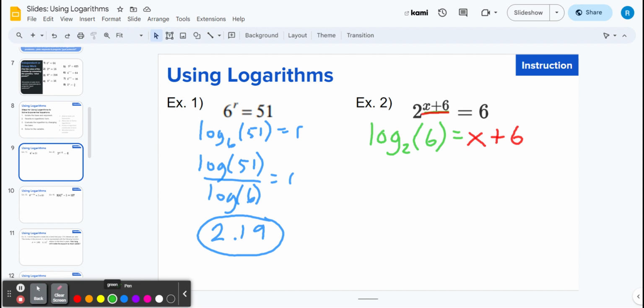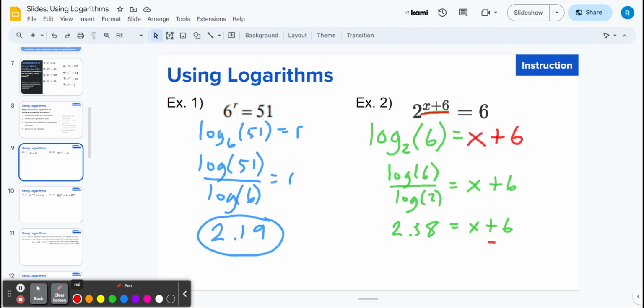So we just got to make sure we carry that whole thing over. Then we can evaluate the logarithm: log of 6 divided by log of 2 equals x plus 6. We do log of 6 divided by log of 2, we get 2.58 equals x plus 6.